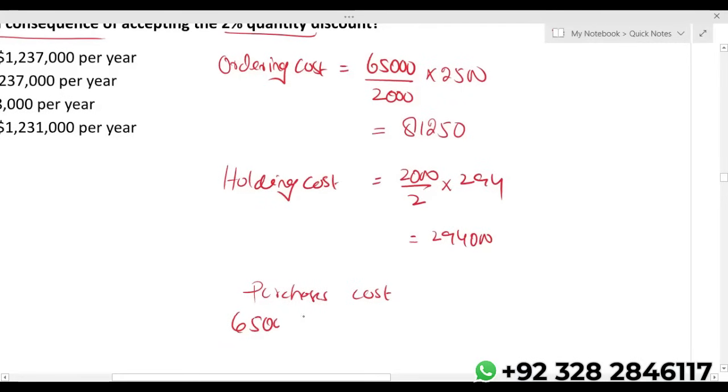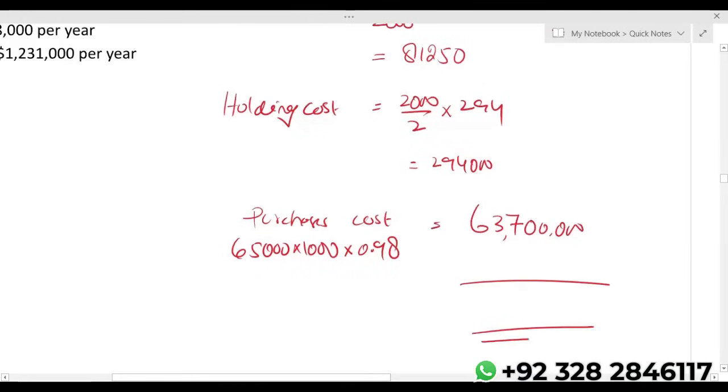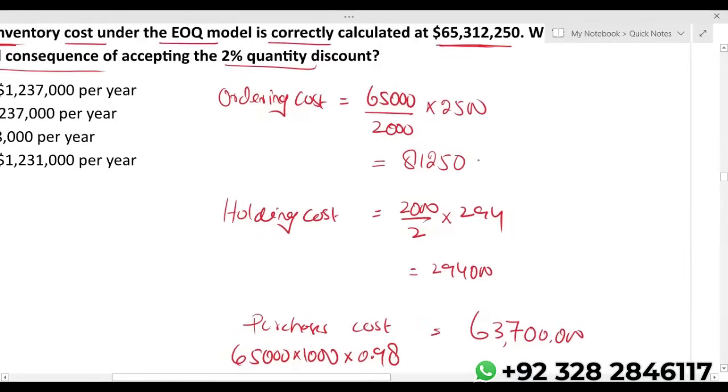Okay, now purchases cost. Annual demand is 65,000. Purchase price of 1 unit is 1,000, but we'll be getting a discount of 2%. So that's why 0.98. 65,000 times 1,000, then 98% of that. 63,700,000. So 63.7 million, you can say. Now here comes the total annual inventory cost.